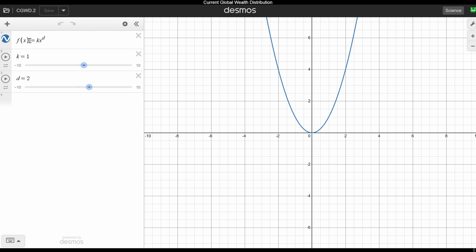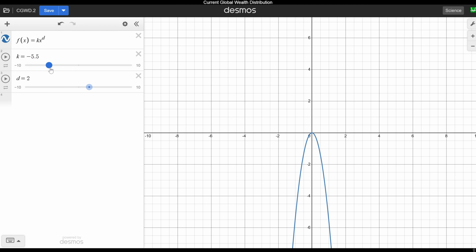The other function we're investigating is the power law function, with general form kx to the power d. K is the coefficient. Increasing k stretches the graph vertically, while decreasing k compresses the graph until we get to negative values where the graph is reflected about the x-axis.